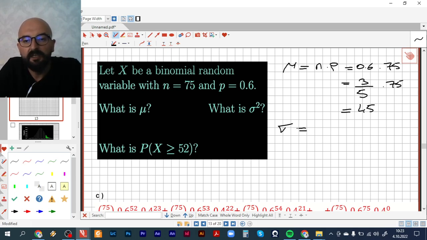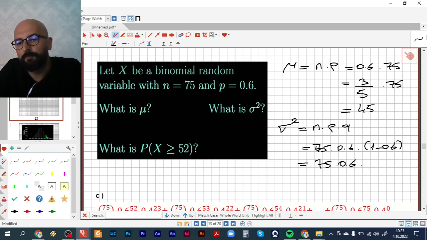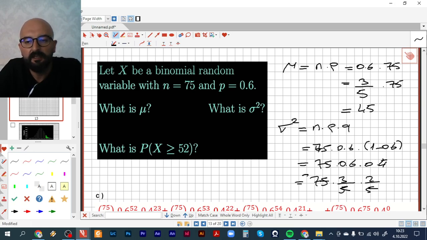The variance is n multiplied by p multiplied by q, where n is 75, p is 0.6, and q is 1 minus 0.6. So 75 multiplied by 0.6 and 0.4, or 75, 3 over 5 and 2 over 5, which is 18.